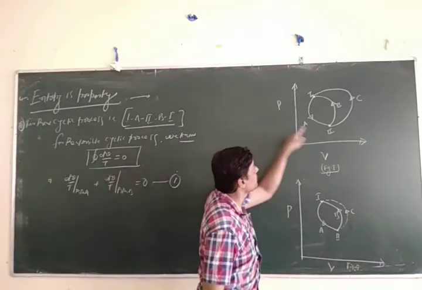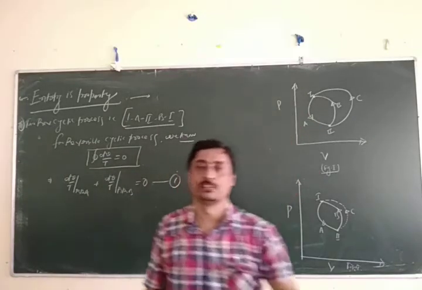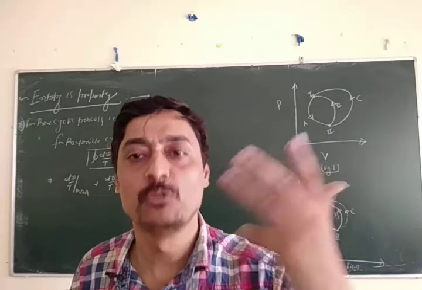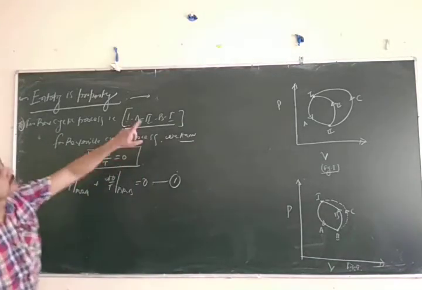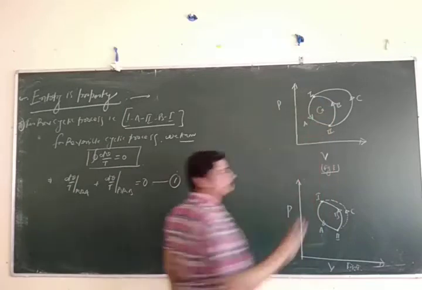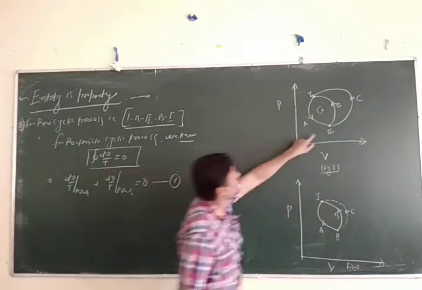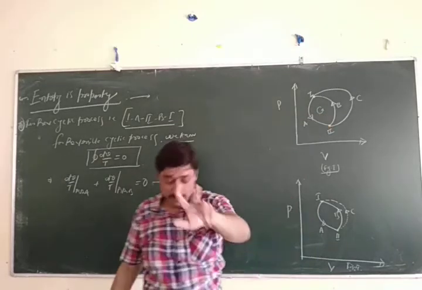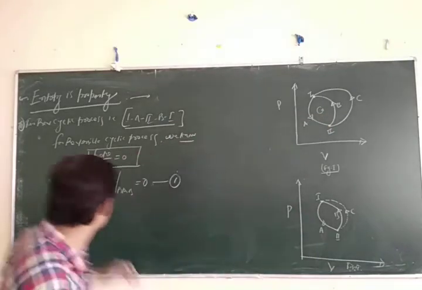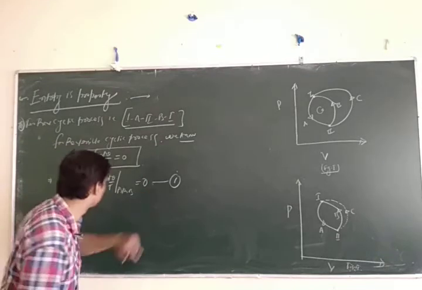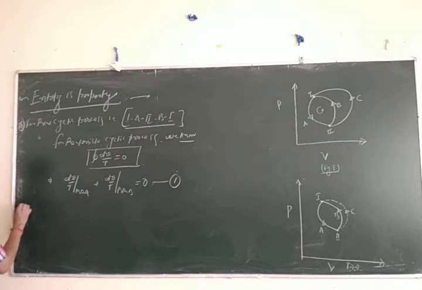Since 1A2B1 is a reversible cyclic process, the cyclic integral of dQ by T is equal to 0. So dQ by T for path A plus dQ by T for path B is equal to 0, because it consists of only two paths. This is equation number 1.